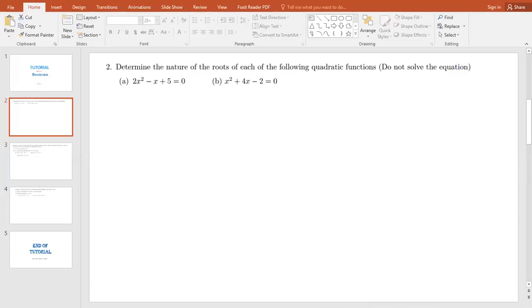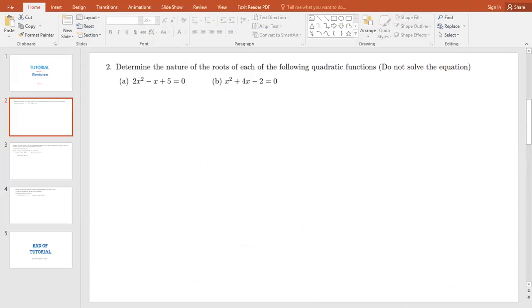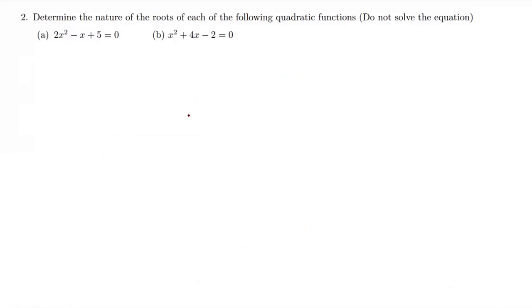What is important here is for you to know what kind of roots that a given quadratic function has, and how can you know that? It's by using the discriminant.